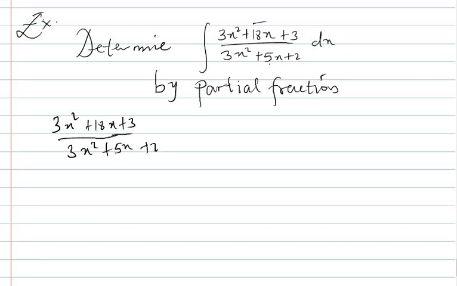To do partial fractions, the denominator has to be of higher degree than the numerator. So how can you do this? By using long division of polynomials, you can make it that way.